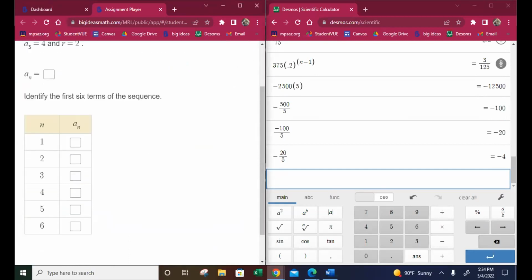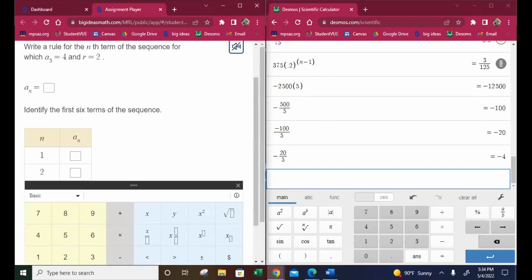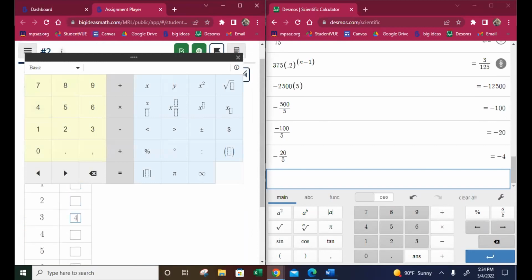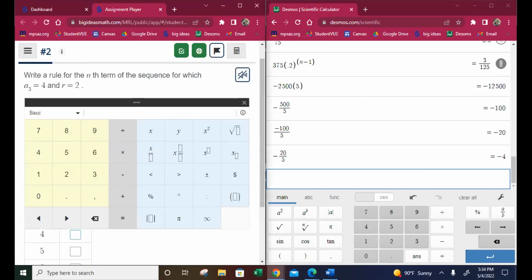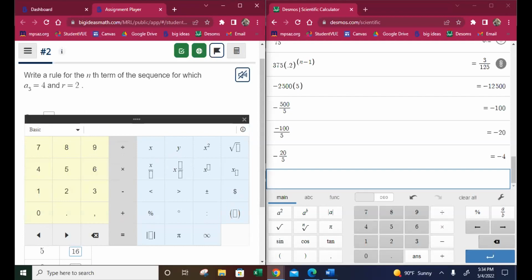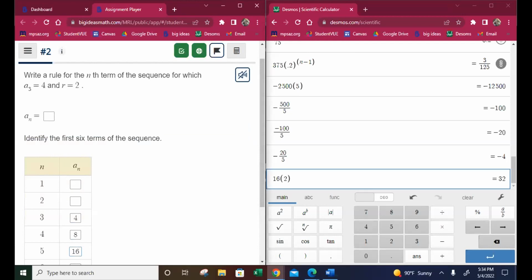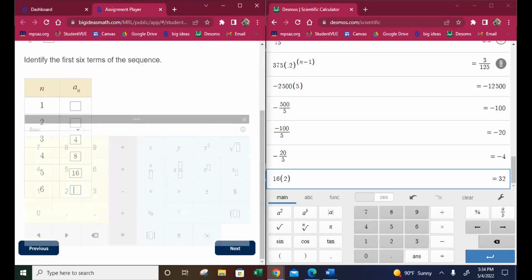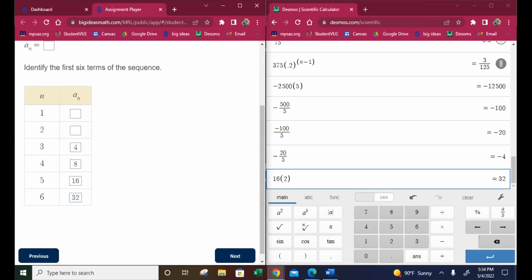So let's do the same thing. Go to the 3 position and put the 4 in. And then the fourth number, you're going to multiply by 2 because that's the R value. So 4 times 2 is 8, then double it again, then next one, 32. Fantastic. So going the other direction, you're dividing by 2.